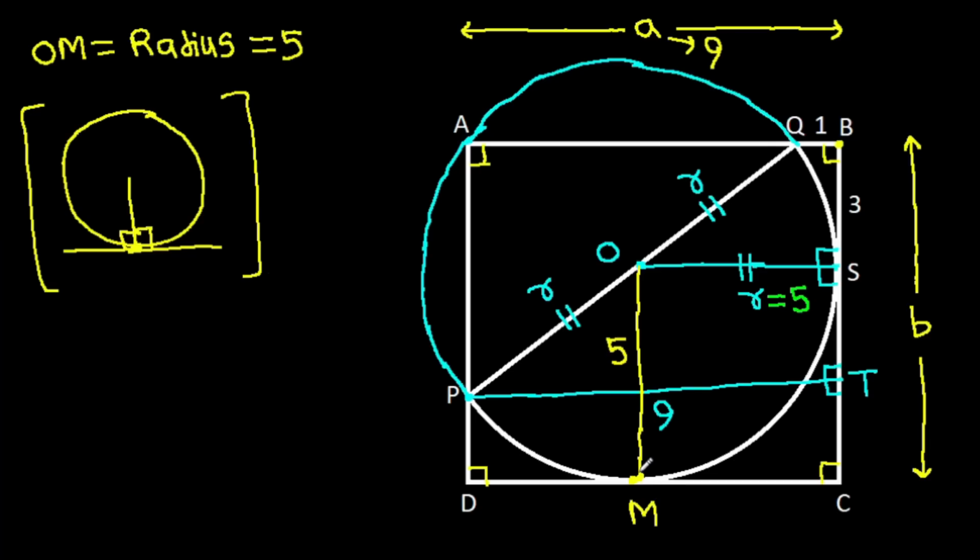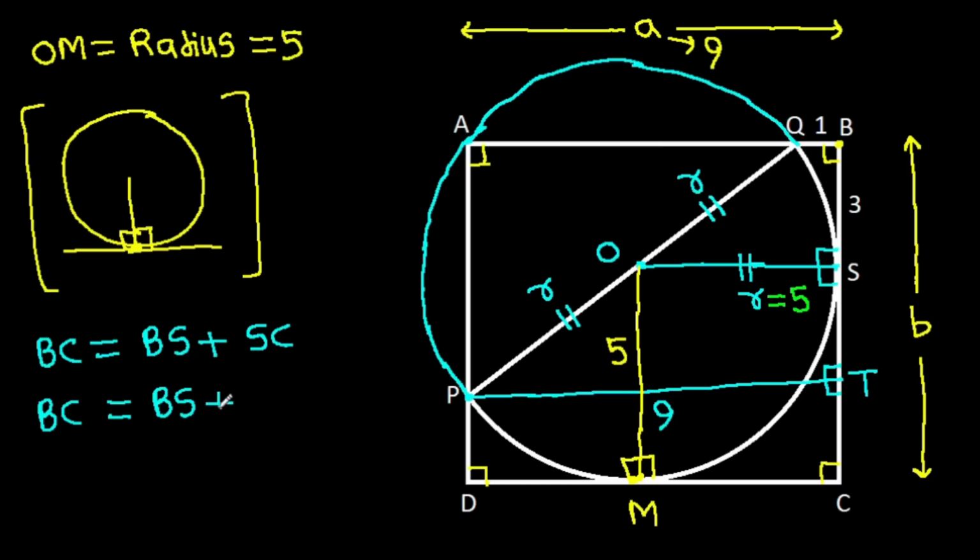So OM will be perpendicular on CD, and now BC will be BS plus SC, and BC is equal to BS plus SC, which will be equal to BS plus OM, and BC is B, it is equal to BS is 3 plus OM is 5, that will be 8. So B is 8.